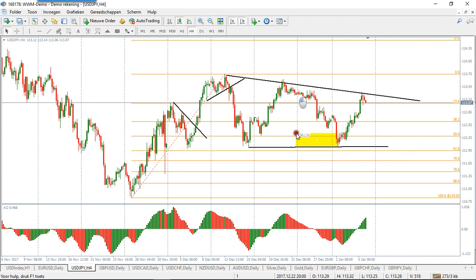In other words, we have a potential A, B, C zigzag, and we look for the buy. Well, that didn't happen, and I drew this pattern, and it shows a potential triangle, but I don't want to bias anyone by saying this is a triangle. It's too early to call, because we have several scenarios.